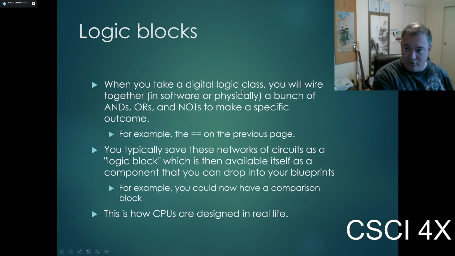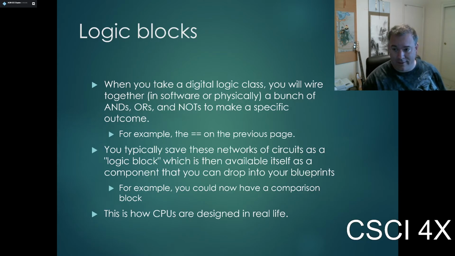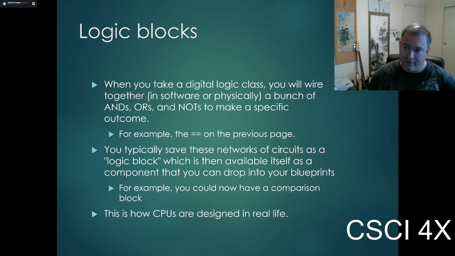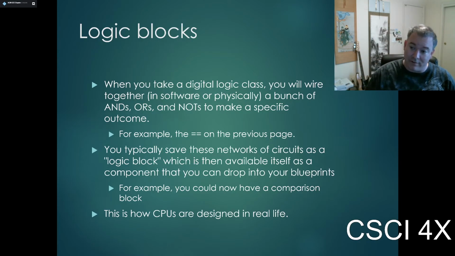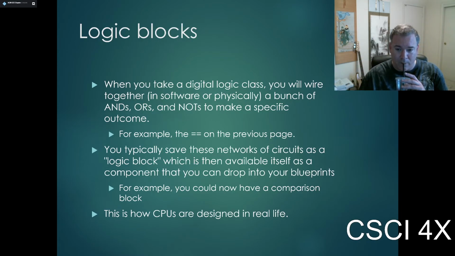So when you take a digital logic class, which you probably will, depends on which college you go to. I can't guarantee it. But if you go to Fresno State, you're gonna take it. If you go to UCSD, like I said, you have to take 2 quarters of electrical engineering, and 2 quarters of digital logic as well. So you're gonna do a little bit of hardware. Most of your stuff is software, but you do dip down into it because, like I said, it's important to know what's going on.